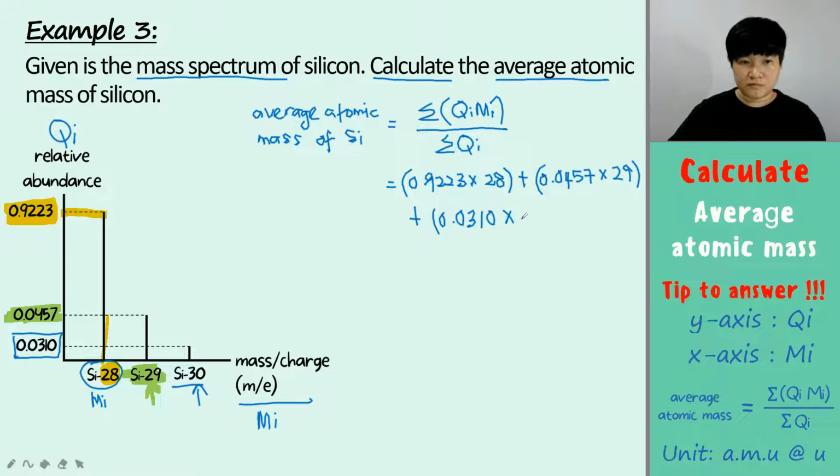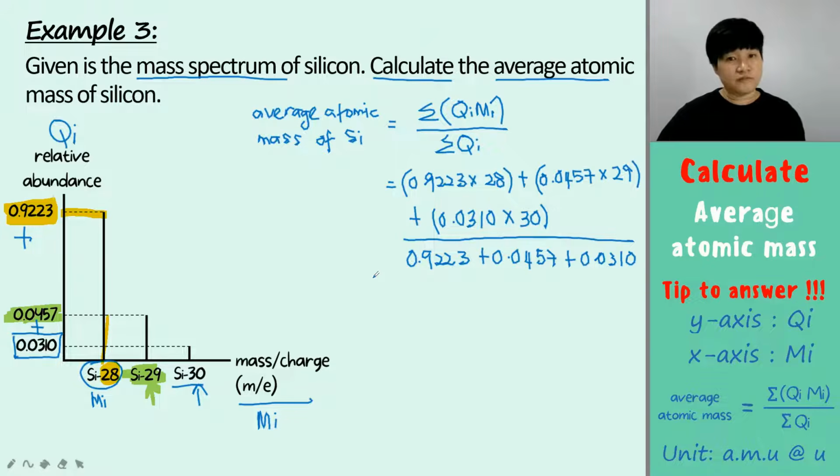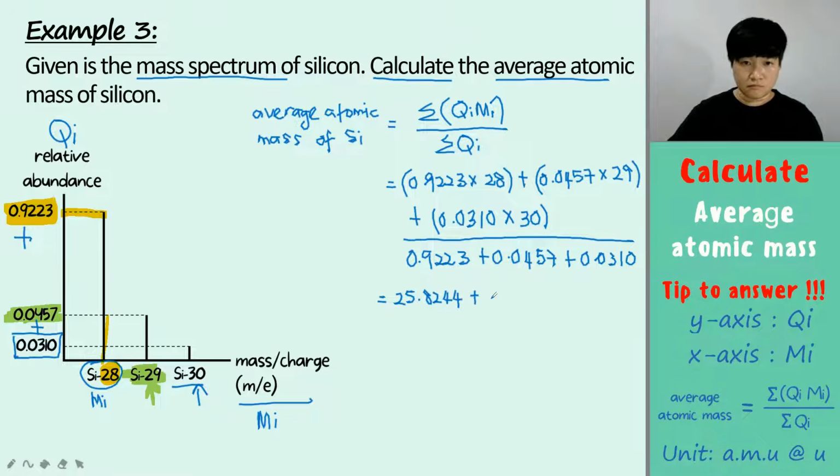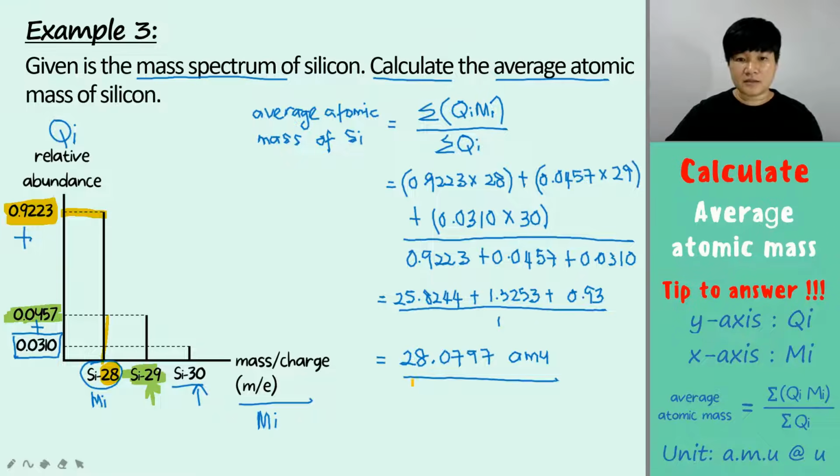0.0310. So that is the total of Qi Mi of all three silicon isotopes over the total of Qi. So all this is the total of Qi. So add all this Qi and solve the mathematics. And make sure your final answer comes with the amu or u, because it's your average atomic mass of silicon.